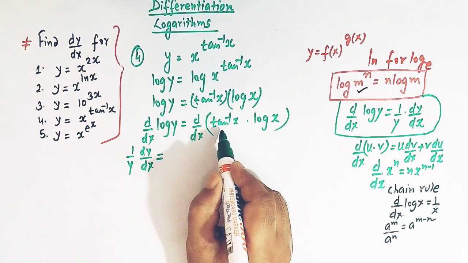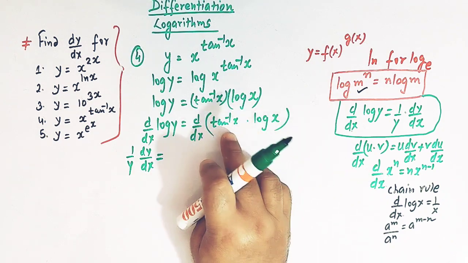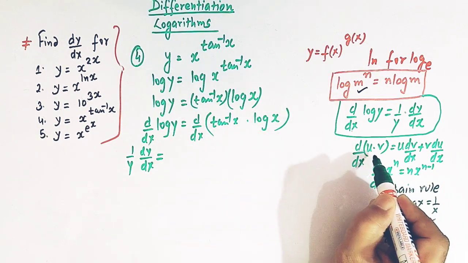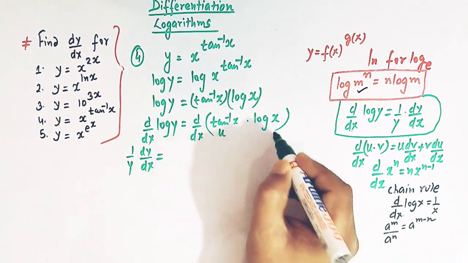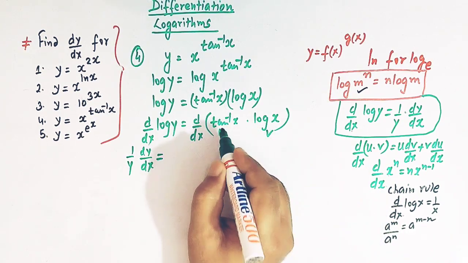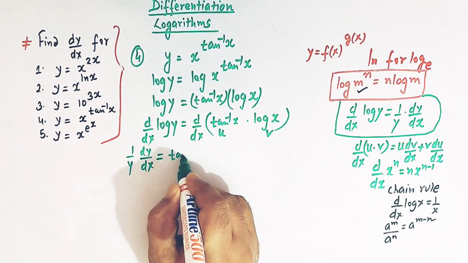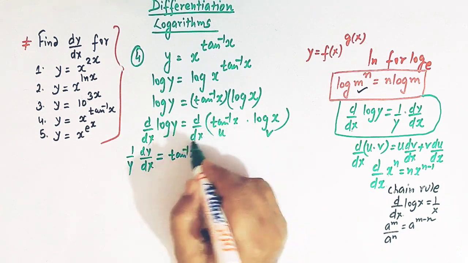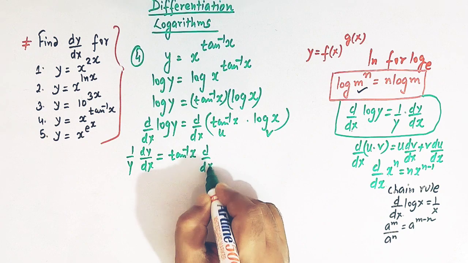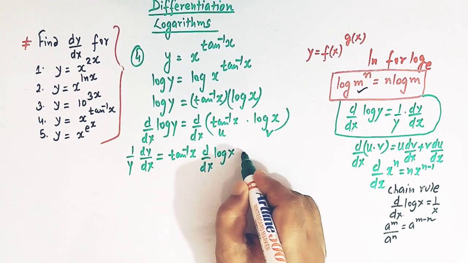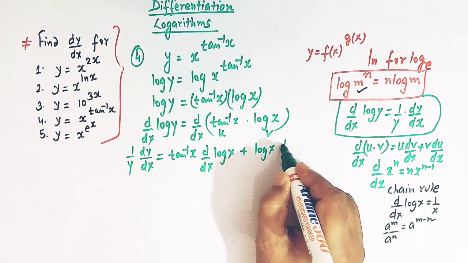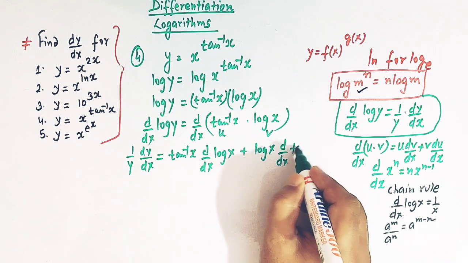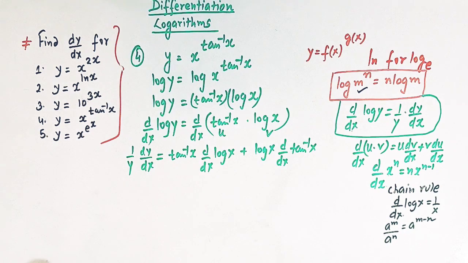Here we have the product of two functions, so we'll again resort to this rule, that is, this is u, this is v. So we have tan inverse of x, the first function, times the derivative of the second function, log of x, and then log x times the derivative of tan inverse x.